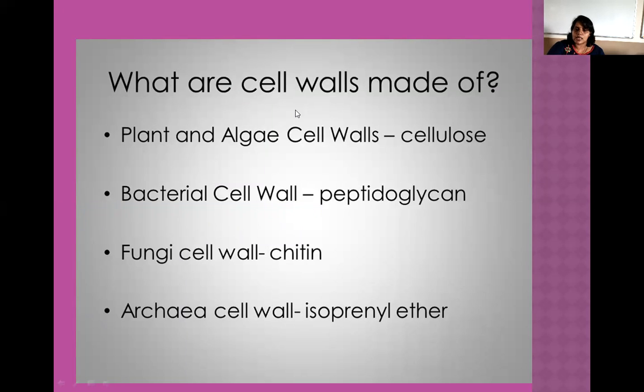What are cell walls made up of? Plant and algae cell walls are made up of cellulose, whereas the bacterial cell wall is made up of peptidoglycan. The fungal cell wall is made up of chitin, and the archaeal cell wall is made up of isoprenyl ether.